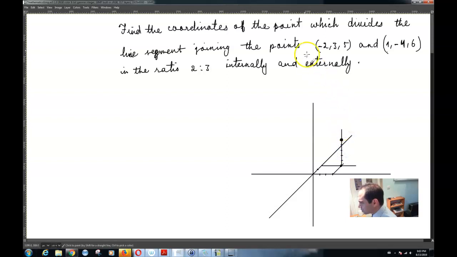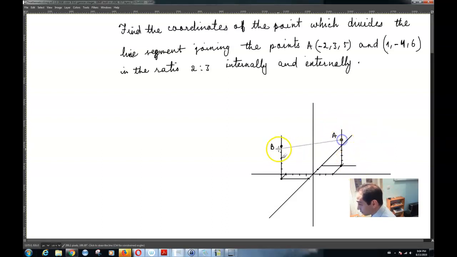This point over here is, let's say, call it point A. And you have another point 1, -4, 1, 2, 3 and 4. And at this point over here, 6 units up, 1, 2, 3, 4, 5 and 6. So you have your points in this orientation.